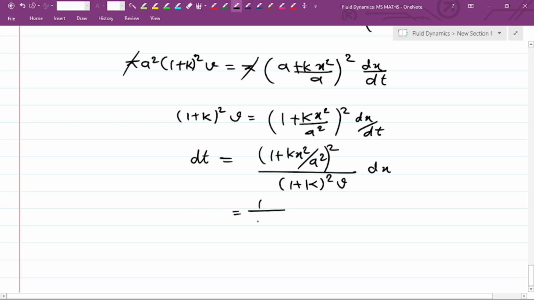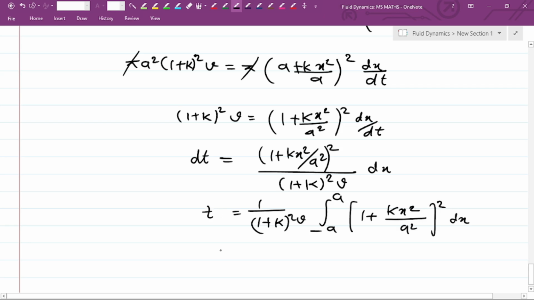The time is 1 upon 1 plus k whole square into v, integrated from minus a to a, because there is no x component outside, of 1 plus k x square upon a square, whole square, dx, and the right-hand side will be t.